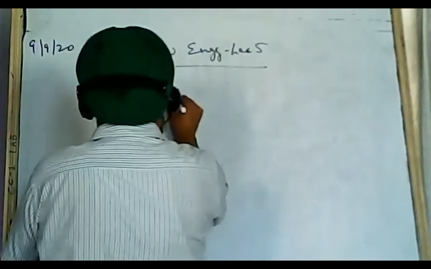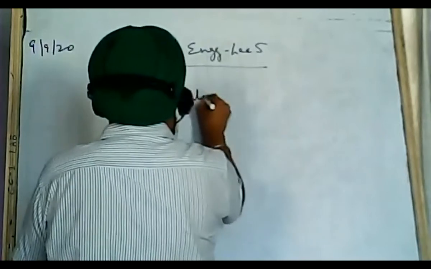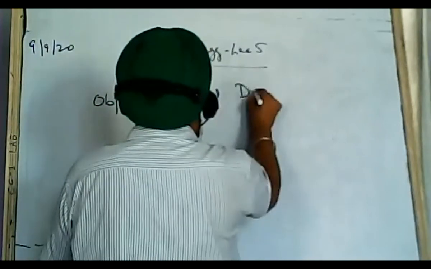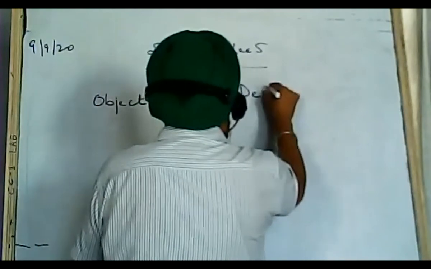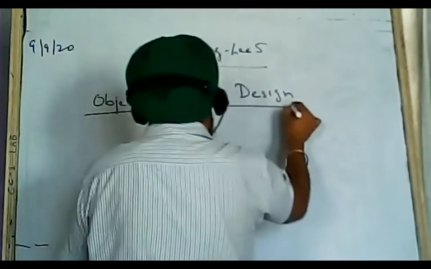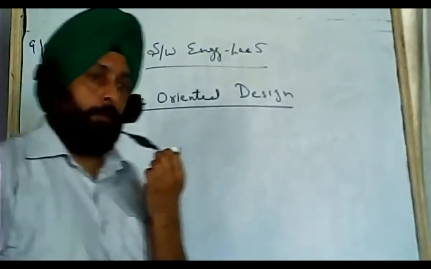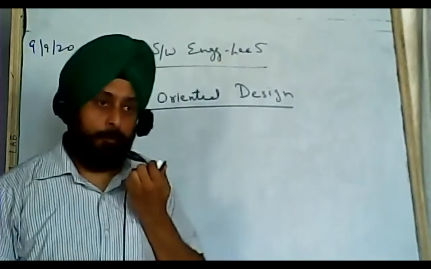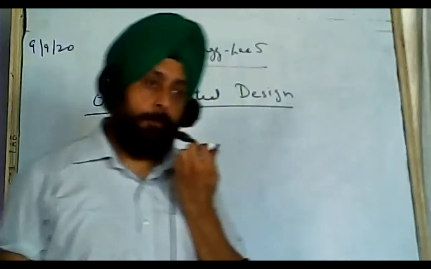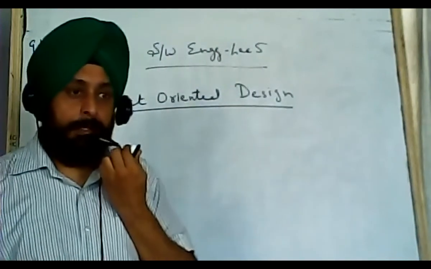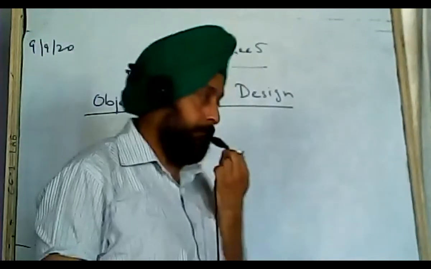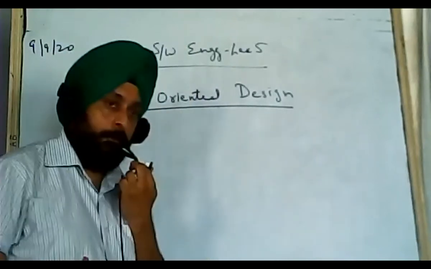Today's topic is the second approach of designing, that is object oriented design. It is OOD, and sometimes it is also known as OOAD, that is object oriented analysis and design. So either you can write.